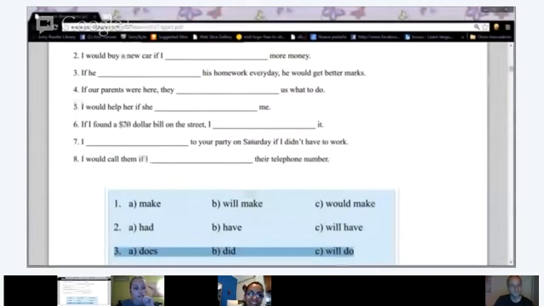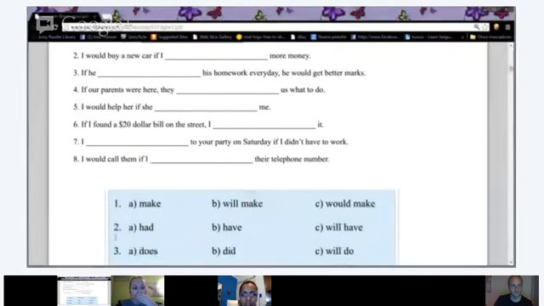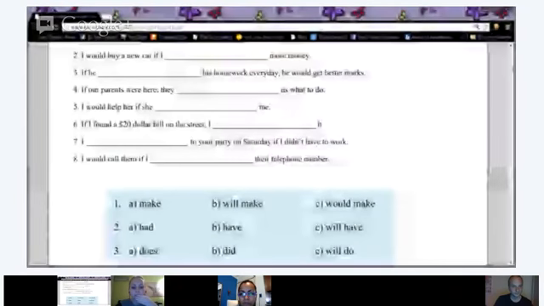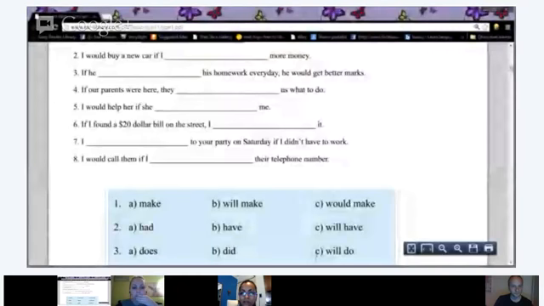If he does... All right, so our options are A, which is does. Okay, well, that's present tense. B, which is past. And C, which is will do, and that is future.